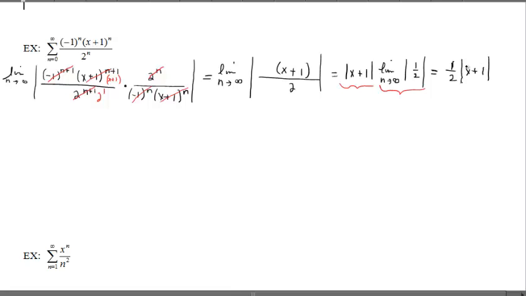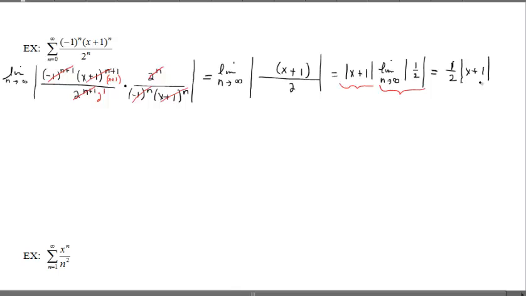Okay, well, remember we're in the ratio test, and for the ratio test, we want to look at whether the limit is less than 1, equal to 1, or greater than 1. If it is less than 1, then our series converges. If it's equal to 1, the ratio test is inconclusive. If it's greater than 1, then we know it diverges.